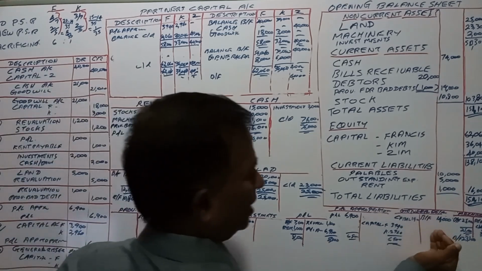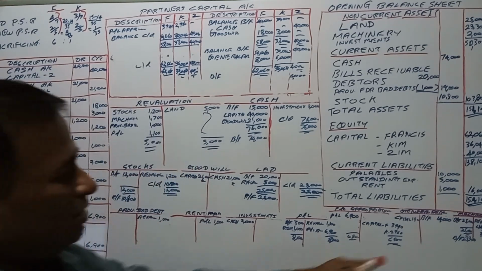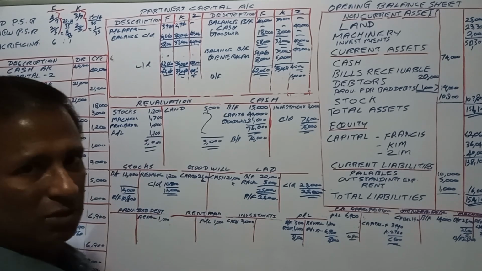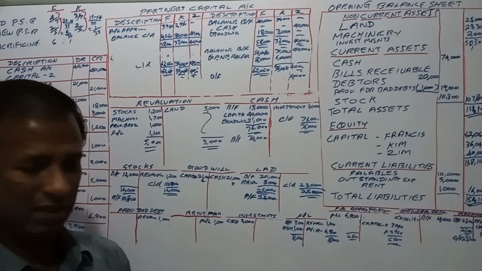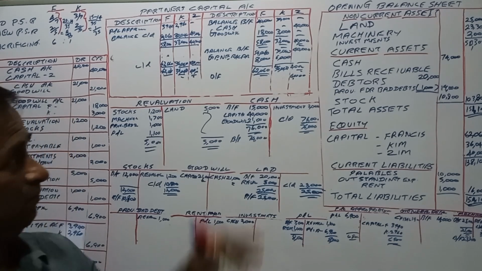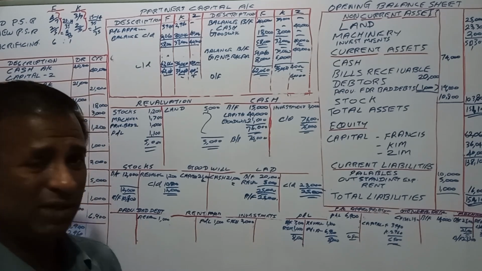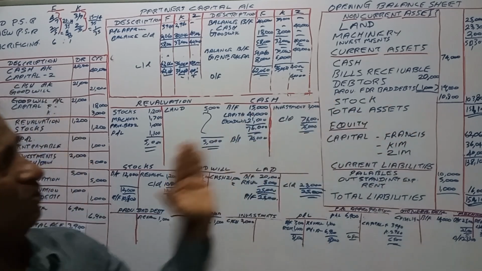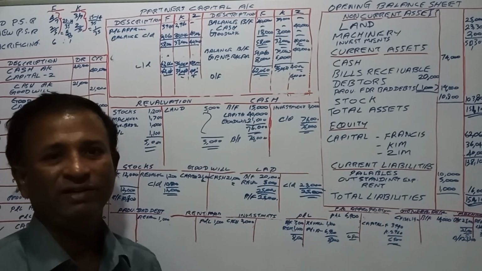Here we had not transferred the general reserve, and that's why this problem arose. Otherwise it would have been okay, right? I think you would have understood the explanation, and you would have learned how to rectify mistakes if you make them.